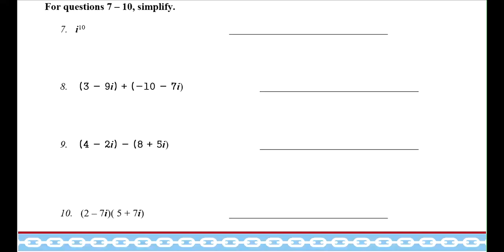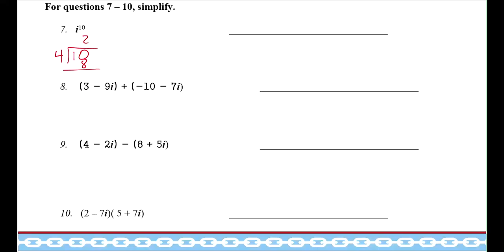For the next 4, we're dealing with simplifying with the imaginary unit. So remembering that the powers of i repeat every 4 powers. To simplify i to the 10th, I'm going to take that exponent of 10 and divide it by 4.